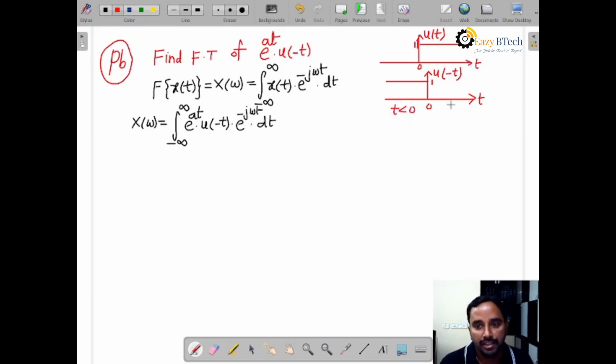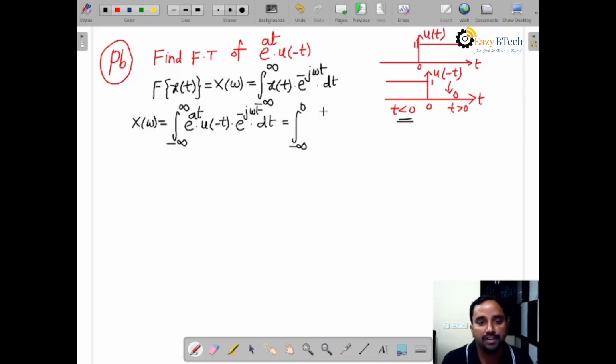What about t greater than 0? U(-t) value is 0 for t greater than 0. So that is the meaning of u(-t). As per u(-t), we are going to solve this integral. So according to u(-t), the limits are minus infinity to 0, t less than 0.